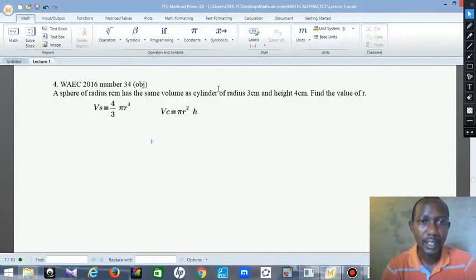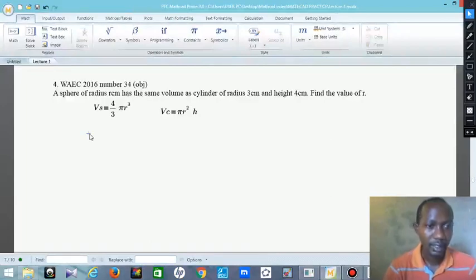For the cylinder, the radius is given as 3, height is given as 4. Then in the sphere, we need to calculate the radius r. That is all. So what do we do? The question says both volumes are equal, so we need to equate them.